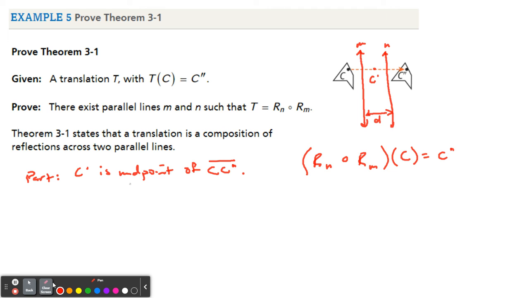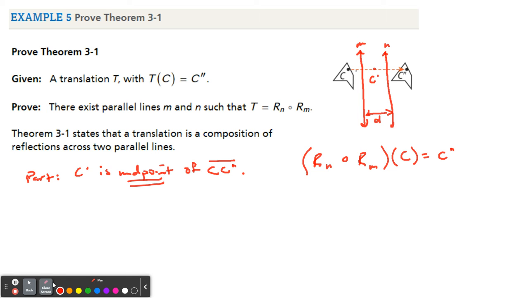Now, if C prime is the midpoint, right, then that means that we are going half of D to M, and then half of D to C prime. And then from C prime to C double prime, again reflecting, we're going half the way of D to N, and then half the way to C double prime.